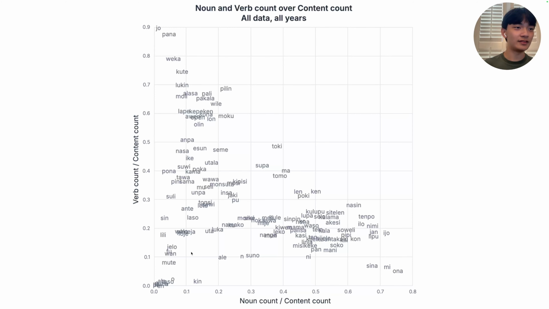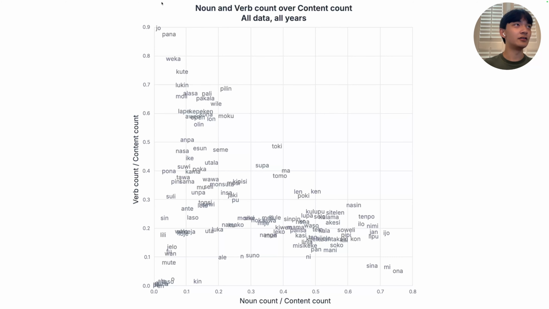So the way we read this is on the x-axis, we have the noun count, how often is a word used as a noun. On the y-axis, we have the verb count. So how often is the word used as a verb? And for the purposes of this, a content word is considered a noun, a verb, or a modifier. So if it's neither a noun or a verb, it is considered a modifier.